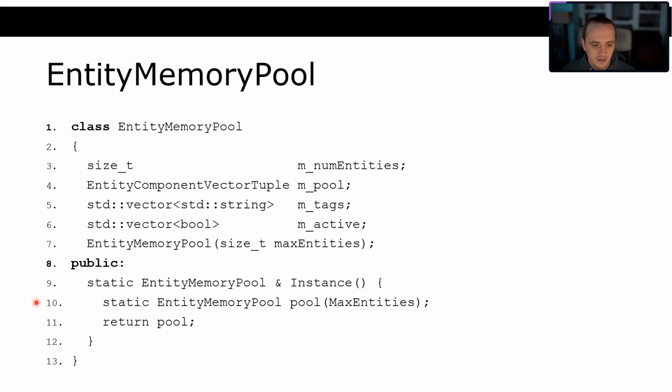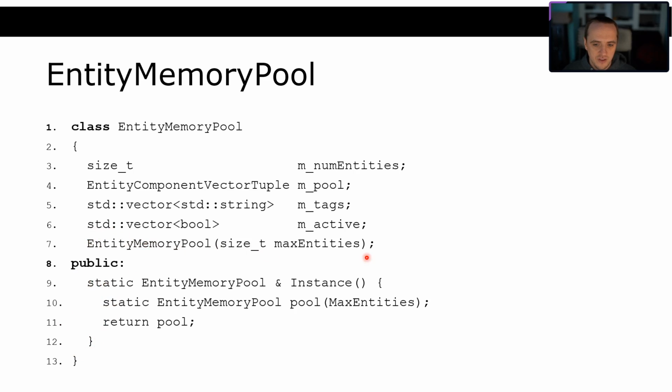So this line number 10 will only ever be called the first time you create it. So the first time you say, hey, give me the instance of entity memory pool, it will set up the memory pool. And then from then on, the only line of code that will ever be run is returning the instance reference, okay?